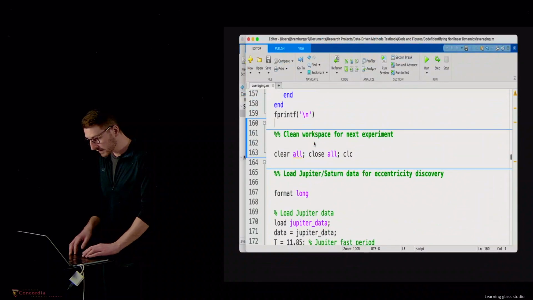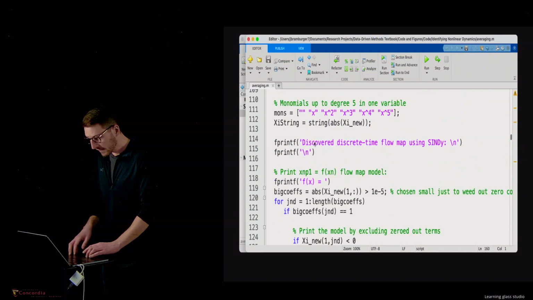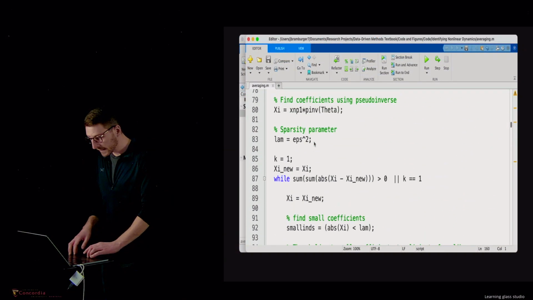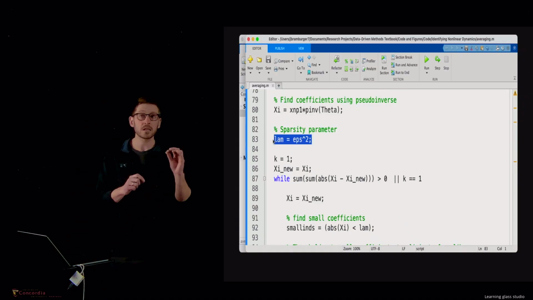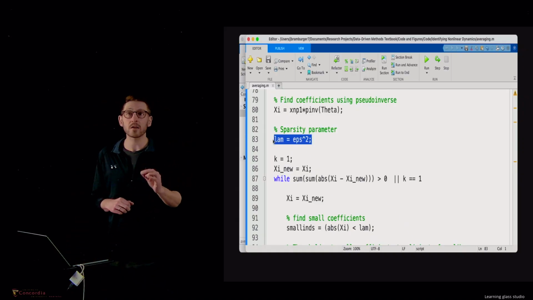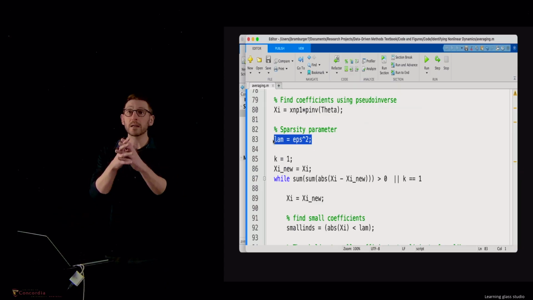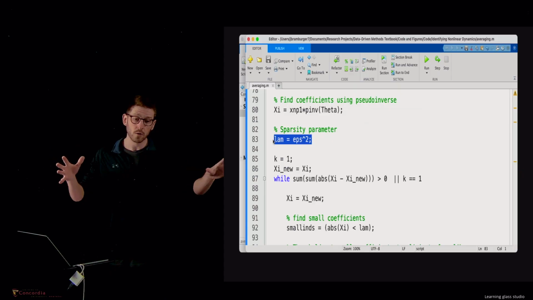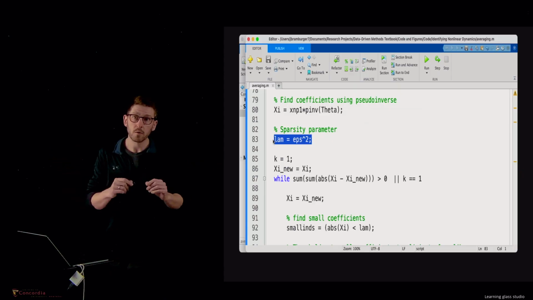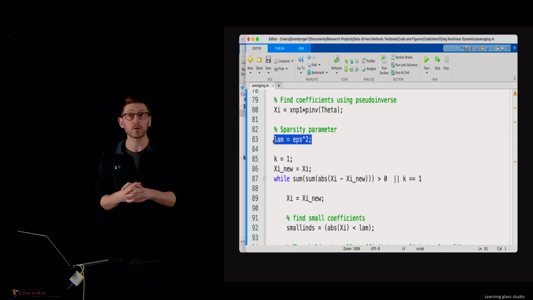Another aspect of this that I did not emphasize originally is that this method of data-driven averaging actually picks the value that you should use for your sparsity parameter. Because if you remember that big Taylor expansion that I did over here on the board earlier, I truncated at second order in epsilon.